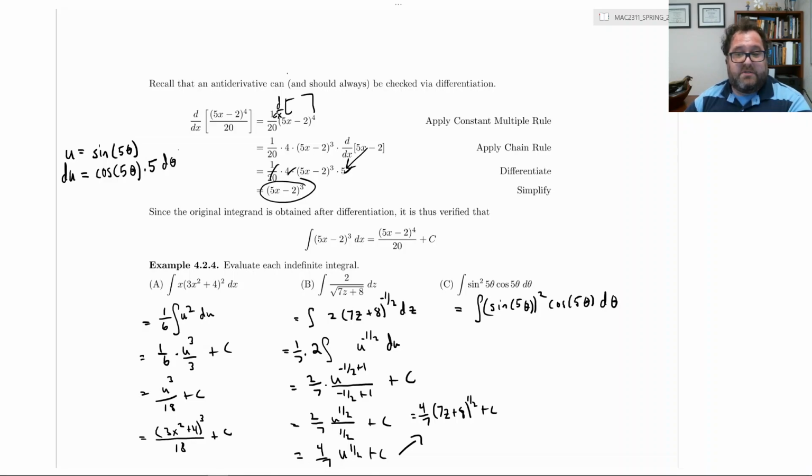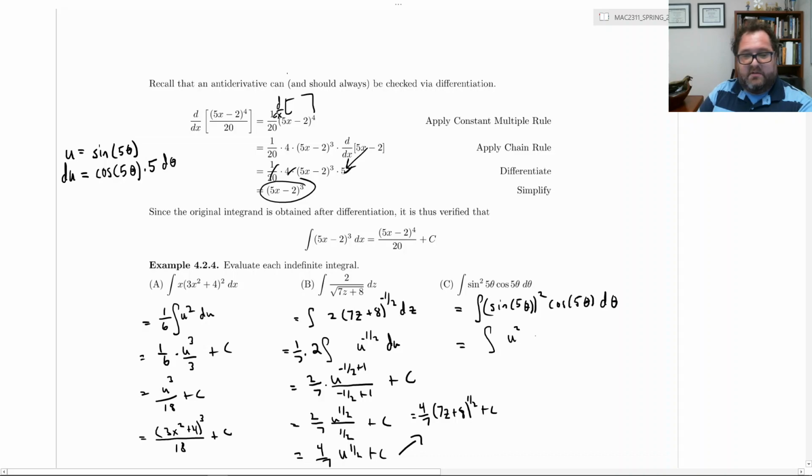Now notice we almost have what we need to change over our integral. We could say this is the indefinite integral of what? If sine of 5 theta is u, this would just turn to u squared.